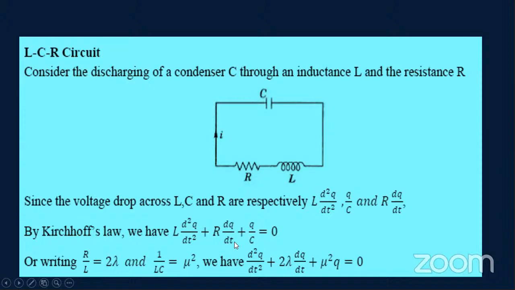Whenever resistance is given, the second term will be R dq by dt. On writing R by L as 2 lambda and 1 by LC as mu square, the equation can be written as d square q by dt square plus 2 lambda into dq by dt plus mu square q equal to 0.